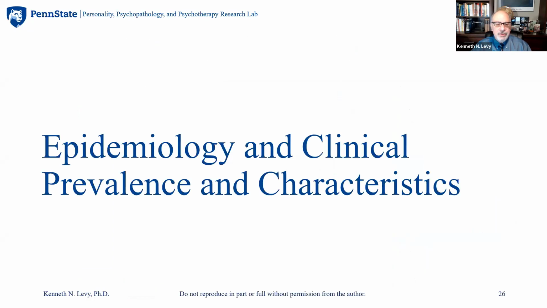So let me shift gears here now and just quickly talk about the epidemiology and clinical prevalence and characteristics of borderline personality disorder, because I think it's important to know. And I often say that in order to be an empirically supported therapist and treater, one actually needs to understand the empirical evidence around the general psychopathology and the epidemiology.